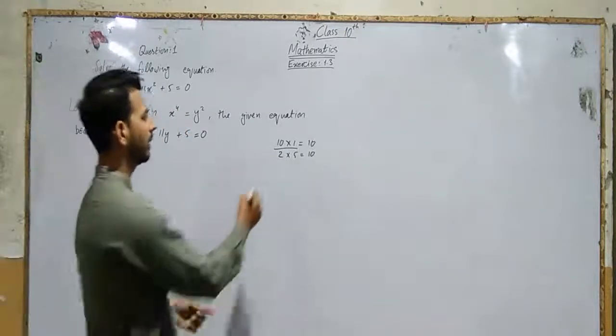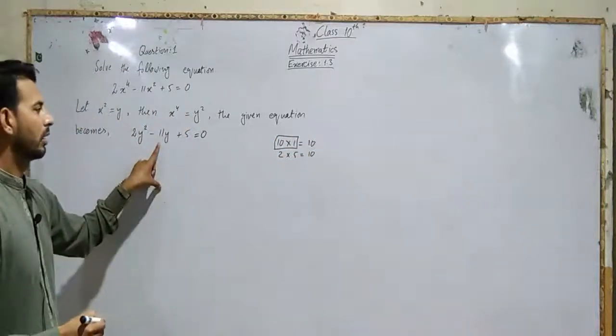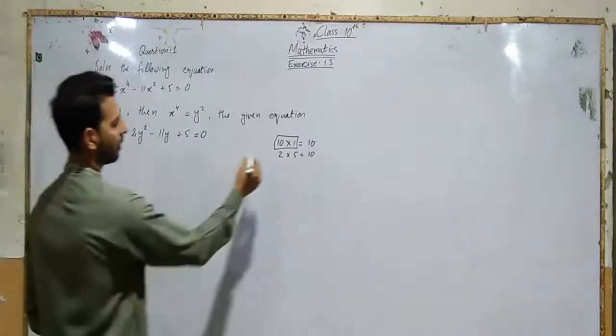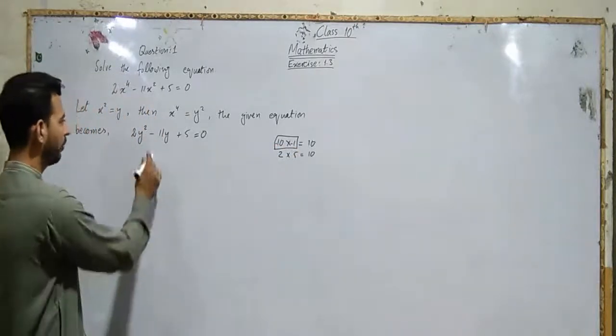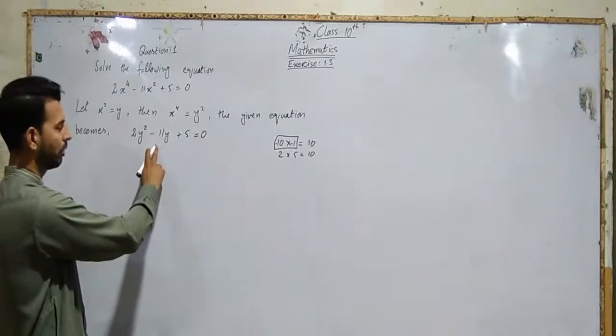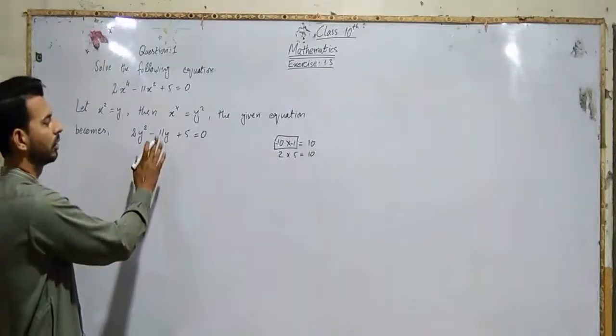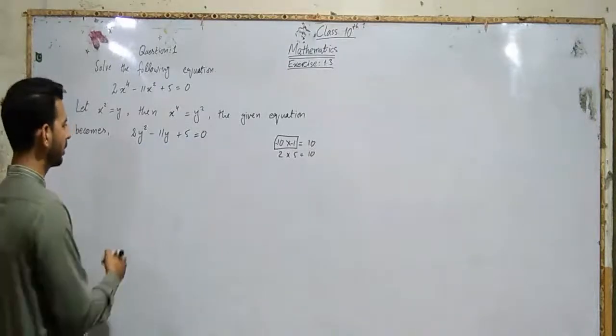So we will take the first pair, and we will take both of them as negative. If we add both minus numbers, they will add up and make another minus number.